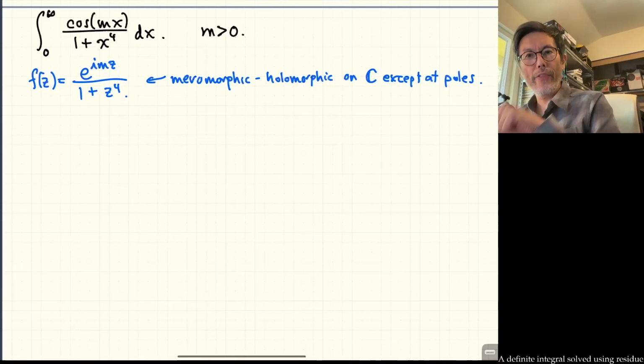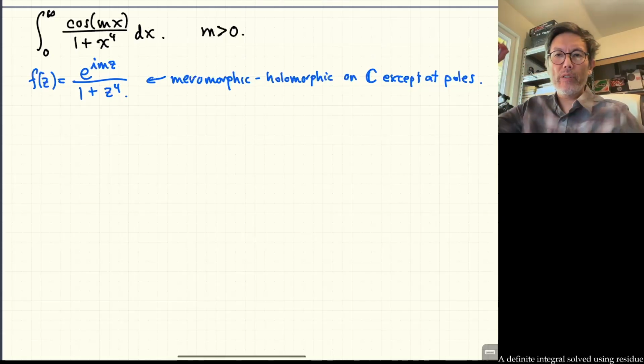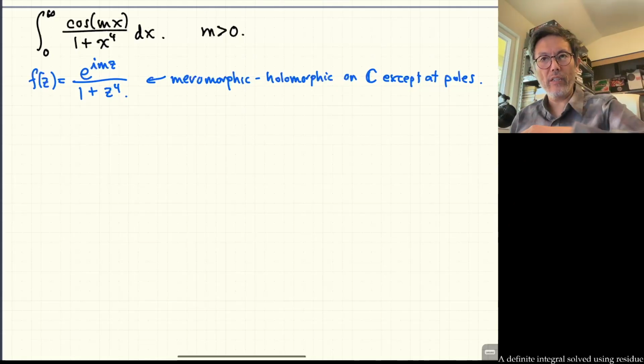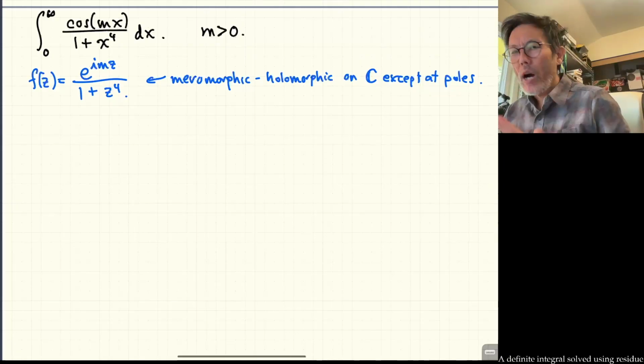Now, why this function and not just the straightforward swapping out of x with complex z? Why are we doing it this way?